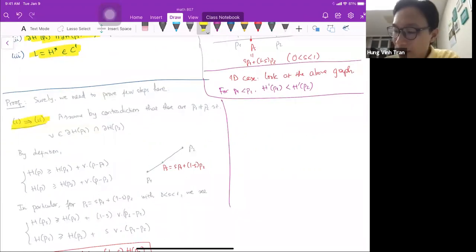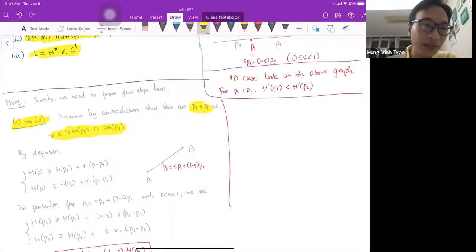So one is the fact that the Hamiltonian is strictly convex, and we need to show two holds. That means that if I take P1 different from P2, then the subgradient sets have to be disjoint. So we prove by contradiction, assuming the opposite, saying that there are two different values of P so that the subgradient sets intersect at least at one point V, right?